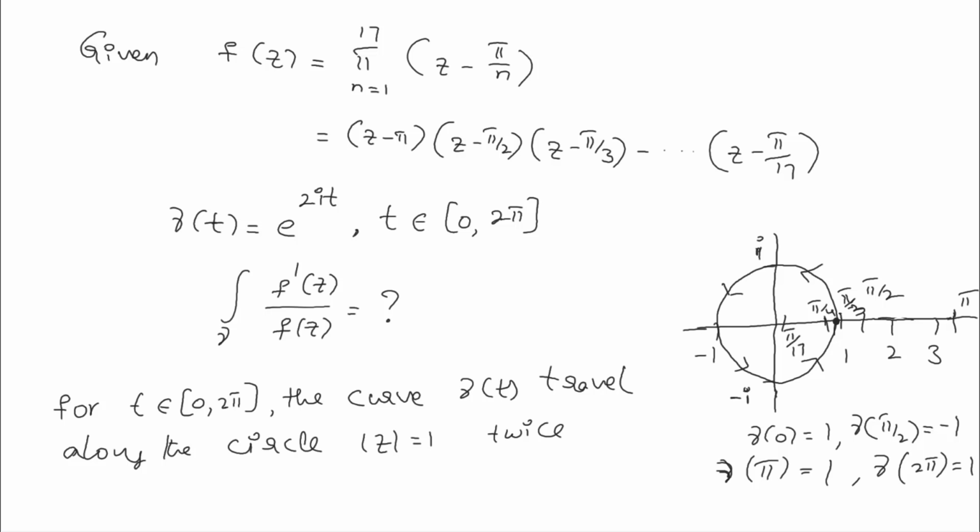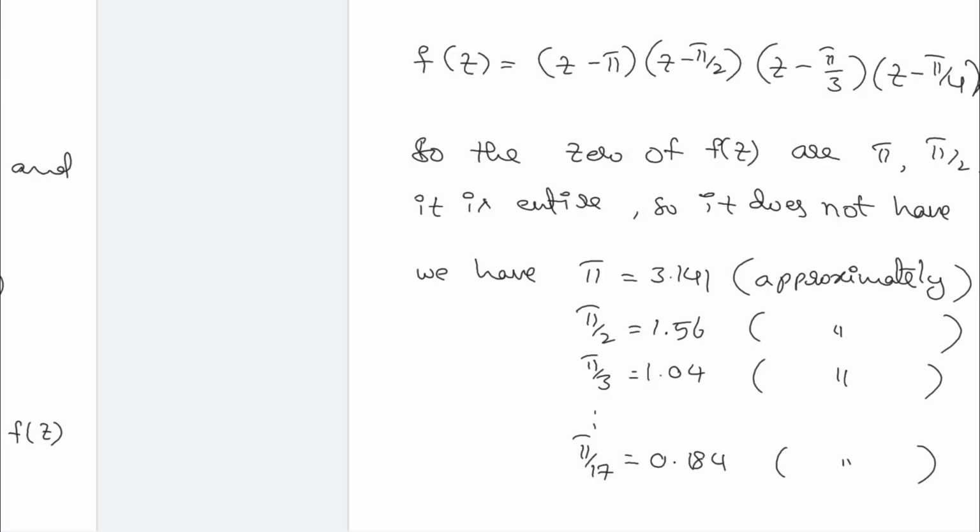So we can see out of all these 17 points, the only points that lie inside this closed curve gamma are from pi by 4 to pi by 17, and those are 14 in number.